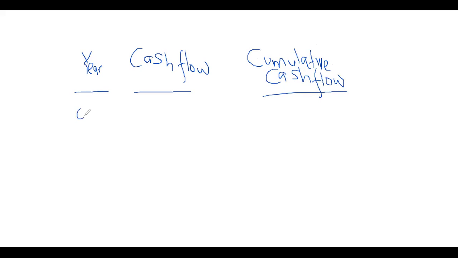So we'll start from year 0, 1, 2, 3, 4, and 5. The cash flow in year 0 is 450. That is your outflow. In year 1, how much? 100.